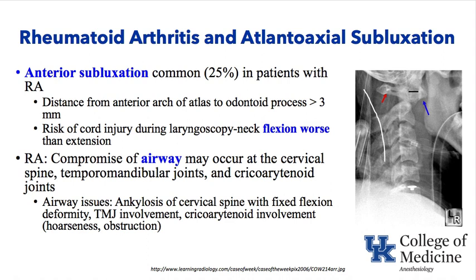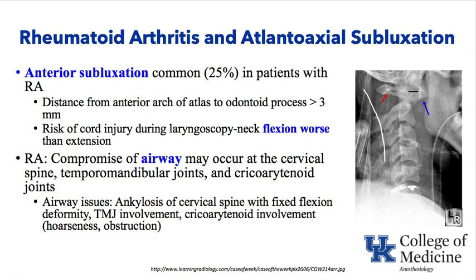Rheumatoid arthritis also can have compromise of airways because their temporomandibular joint can be stiff, their cricoarytenoid joints can be stiff, their neck can be stiff, and when you go to do a DL, it may be a difficult DL and difficult time seeing the glottic opening. So check your patients with rheumatoid arthritis for their ability to flex and extend.